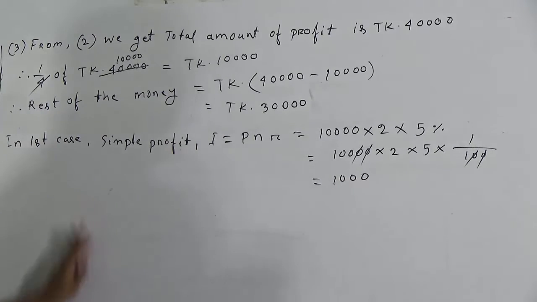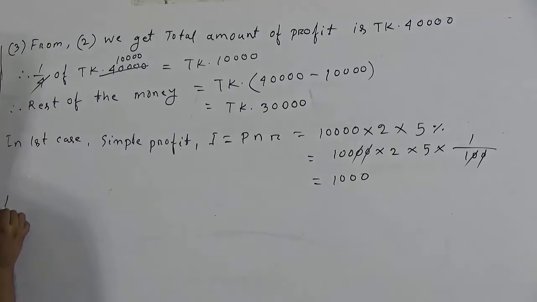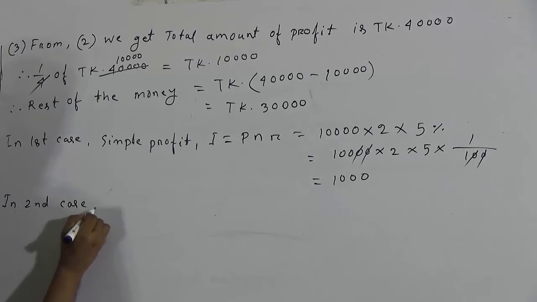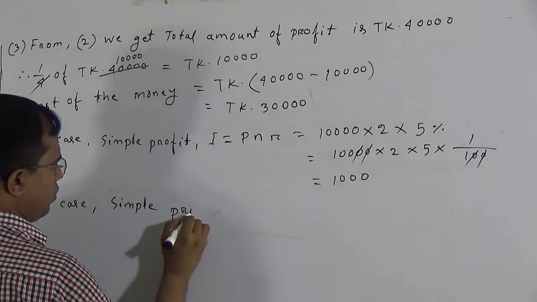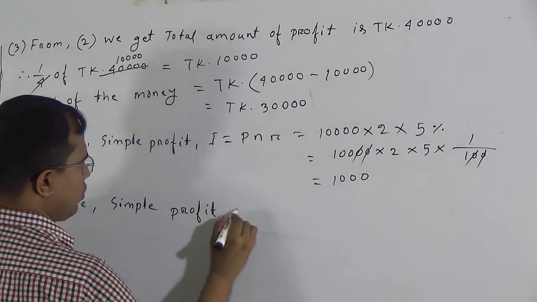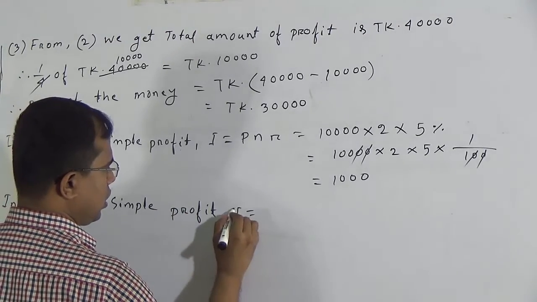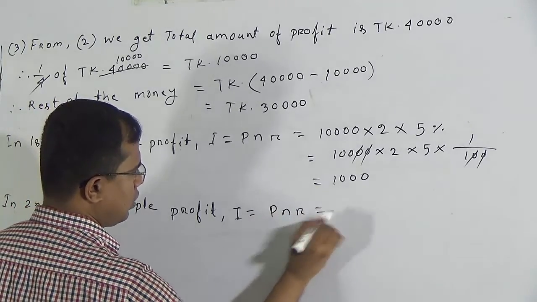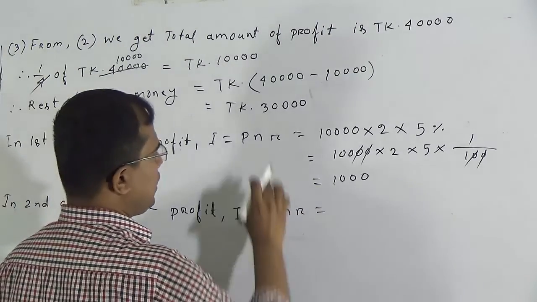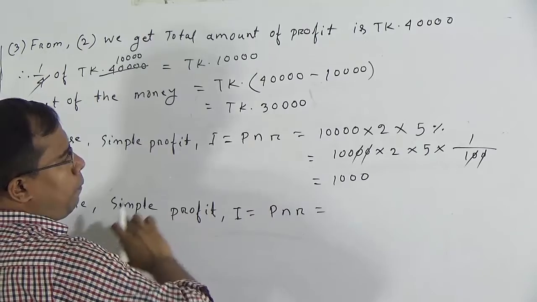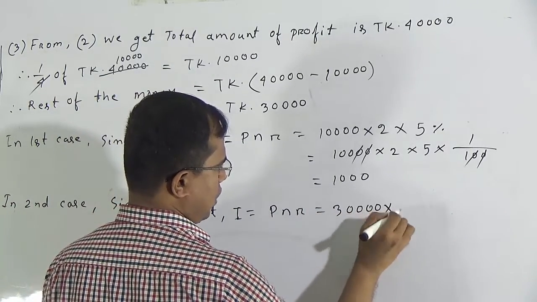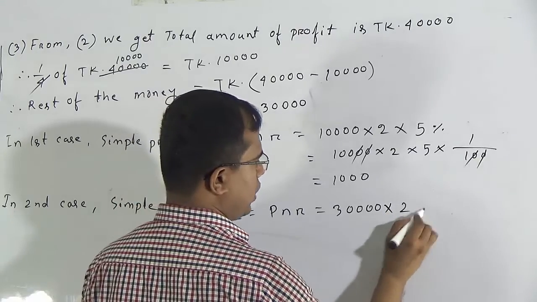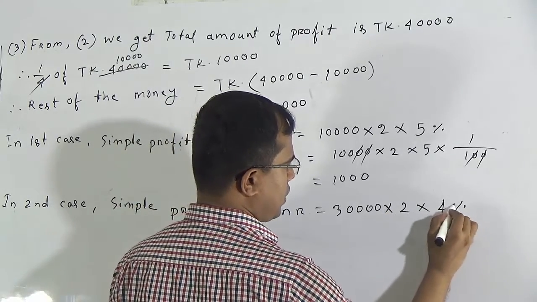Now in second case, simple profit we will find out. I equal to PNR, in this case principal will be 30,000, multiplication number of years 2 years and rate of profit 4%.